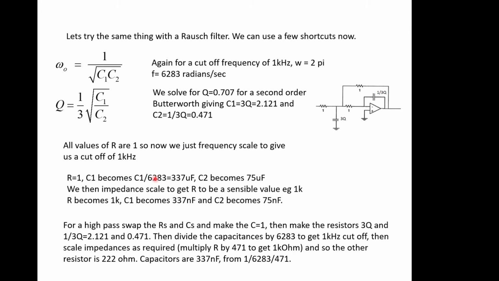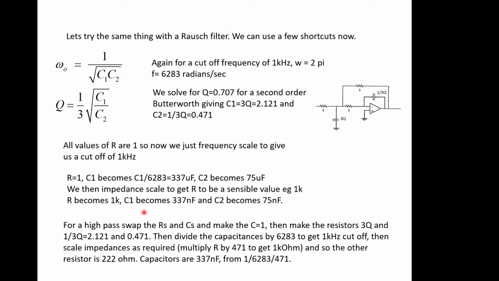So we divide the capacitances by the frequency. So C1 becomes 337 microfarads, C2 becomes 75 microfarads. We then impedance scale to get R to be a sensible value. So we just multiply R by 1k, and then we divide capacitances by 1,000, and so they go from microfarads to nanofarads in that case.